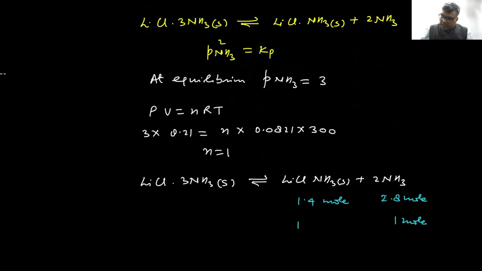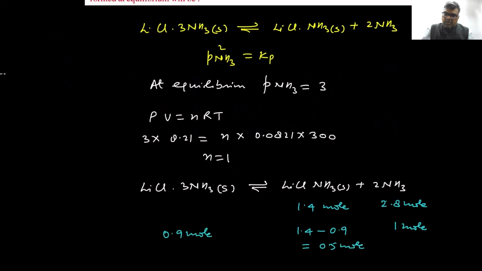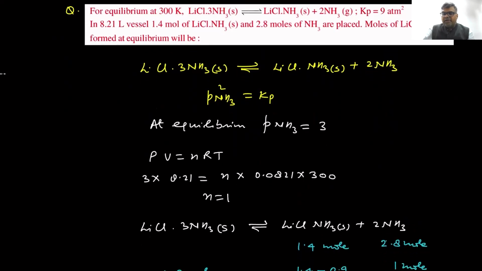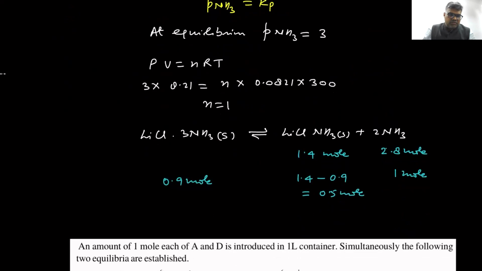And if 1.8 moles is consumed, then 0.9 moles of LiCl.NH3 has been consumed here. So the leftover is 0.5 mole, and the same 0.9 moles will form here. The question asks how many moles of LiCl.3NH3 are formed, so we can write the answer as 0.9 moles. Okay, clear?